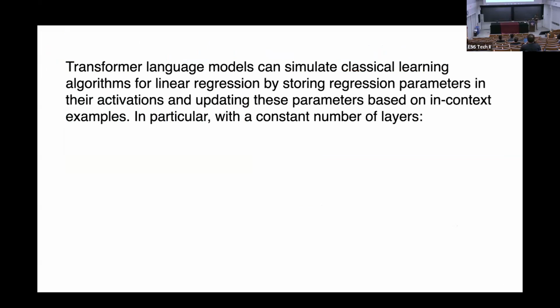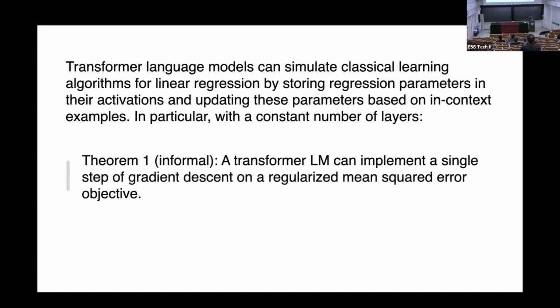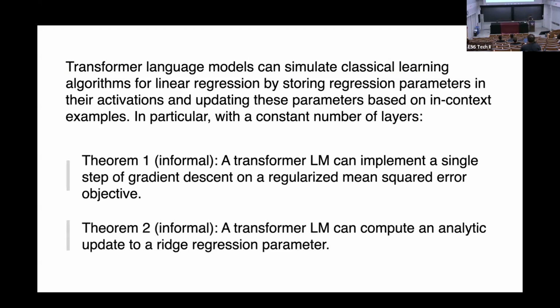The details are mechanical, and I'm just going to give a high-level flavor for one of these. But it turns out that you can show both that if you're trying to fit these linear models via SGD or via batch gradient descent, you can do that using a relatively shallow model, a model that has depth that scales proportionally to the number of steps of SGD that you want to do, using a reasonable number of these attention mechanisms, a reasonable number of these layers.